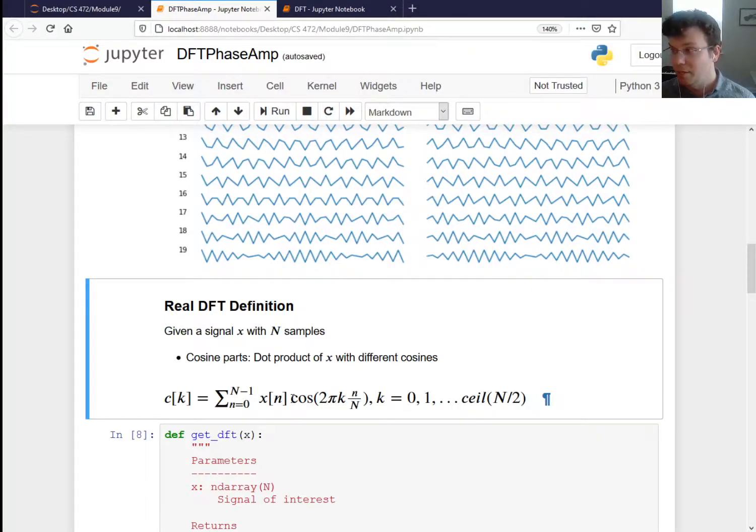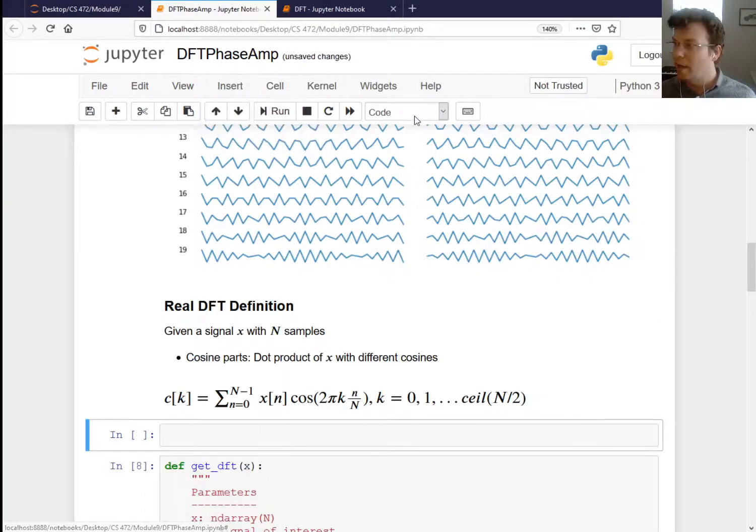And at every sample, I multiply it by the corresponding sample in x, and I sum them all up together. So this gives me my cosine component. So there are n over 2 of them. So for every k, for every index here, I get a different cosine.